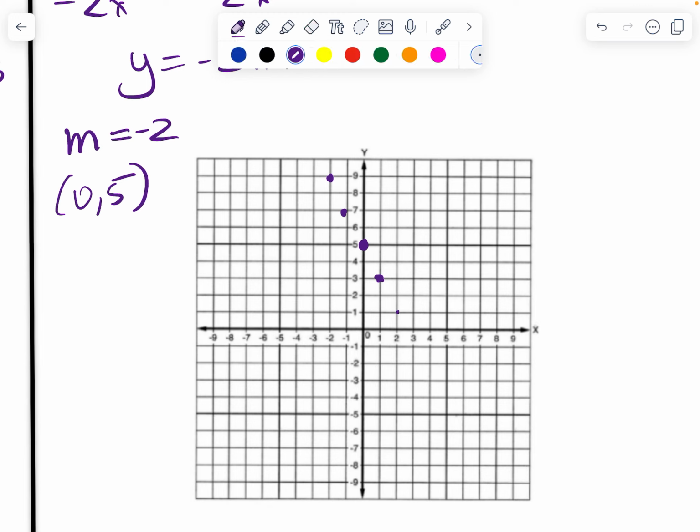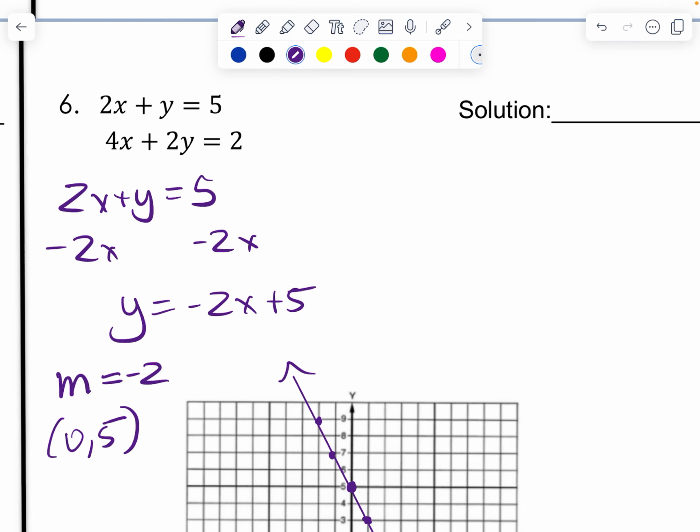Down 2 over 1, down 2 over 1. There we go. That's what I did. That's why I put so many points, so I can tell when I mess up. Okay, my other line.